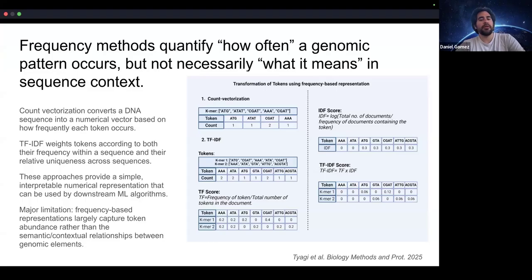The major limitation is that frequency-based representation largely captures token abundance rather than the semantic, contextual relationships between genomic elements. So frequency methods quantify how often a genomic pattern occurs, but not necessarily what it means in sequence context.